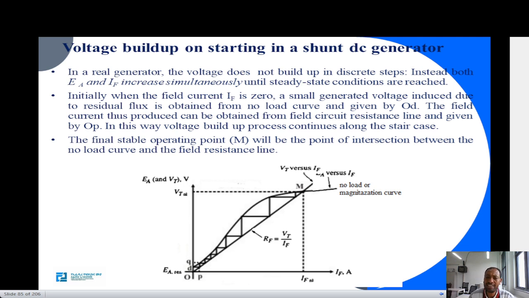The final stable point or operating point M is the point of intersection between the no load curve and the field resistance line. So our generator is building in between these two important curves in a stair-type step.